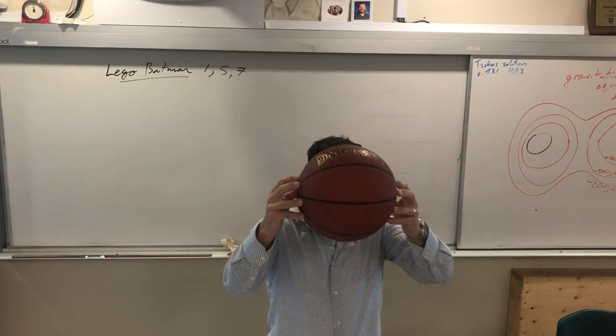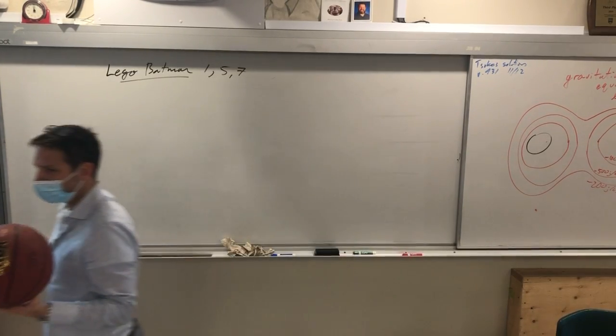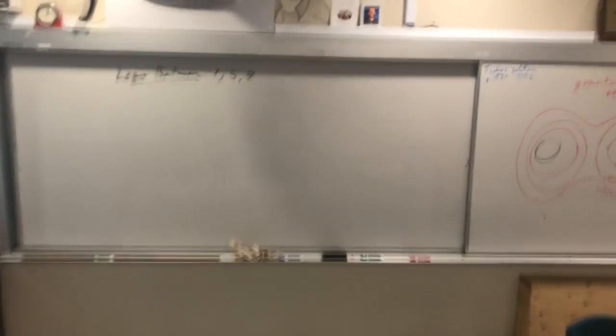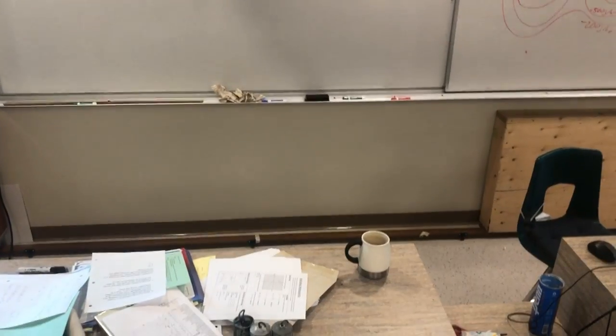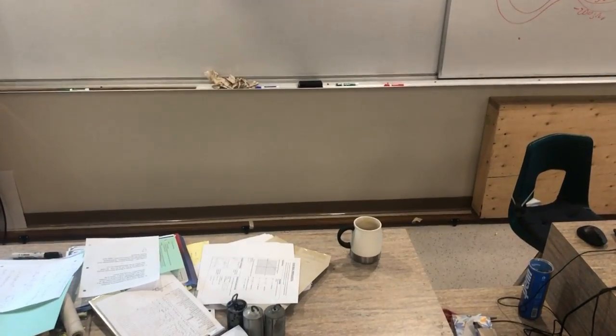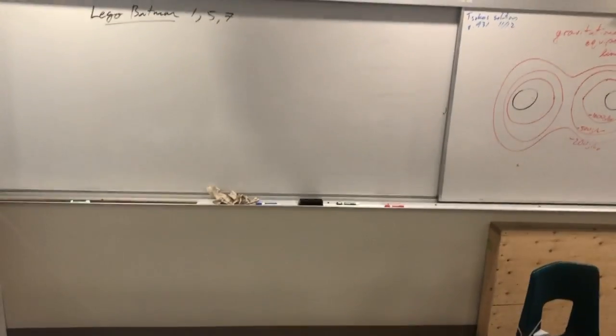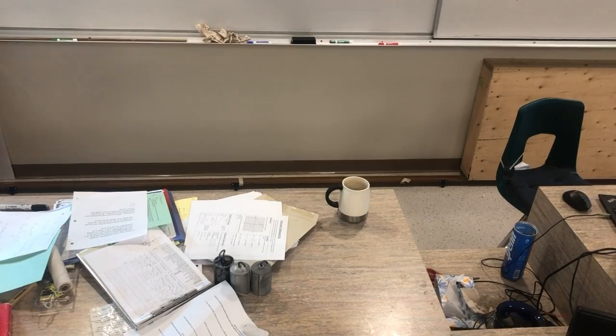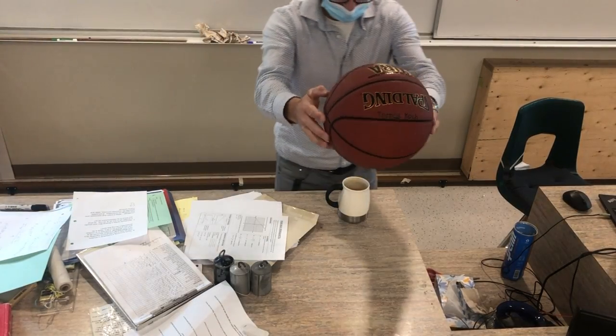When the ball hits the surface of the table and it bounces up, does it contact the surface for any amount of time? Or is it just a single instant of time? It's only for an instant. We'll see if this works. Watch really carefully.